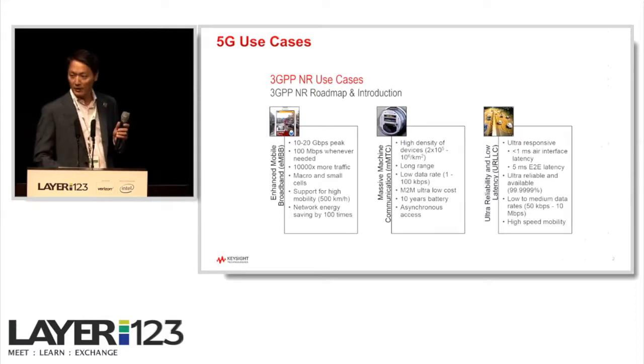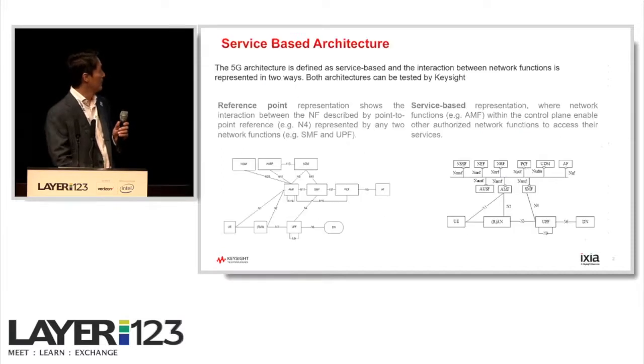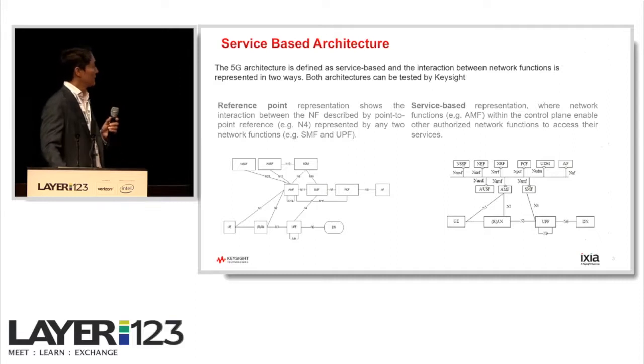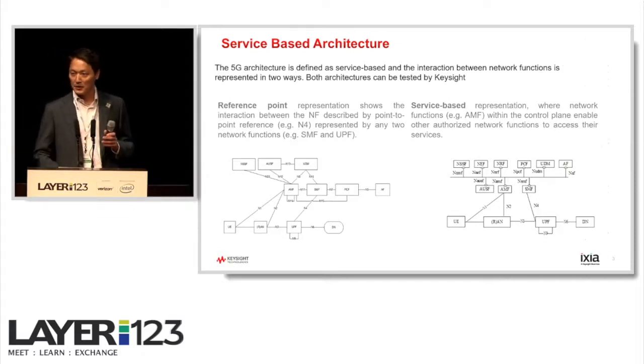But this is on the user side of perspective. What about for the operator side? What's the benefit? The biggest benefit is that, first of all, there's always been a scalability problem for the existing 4G networks.